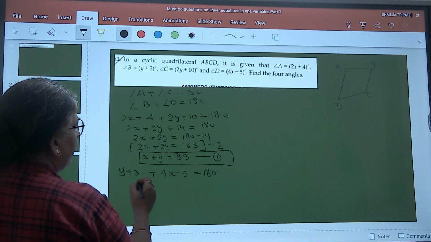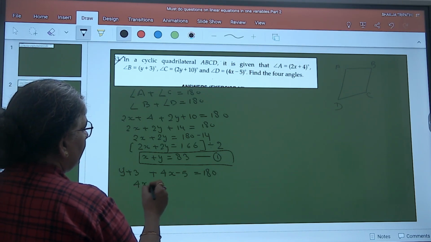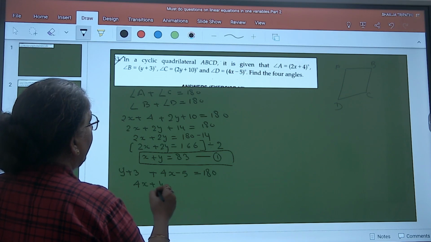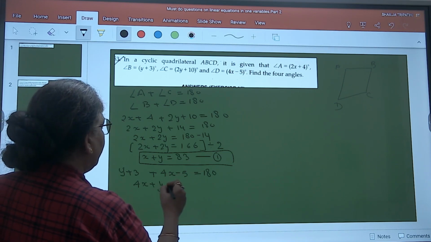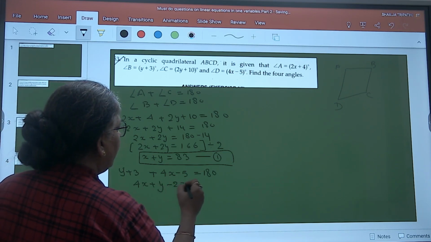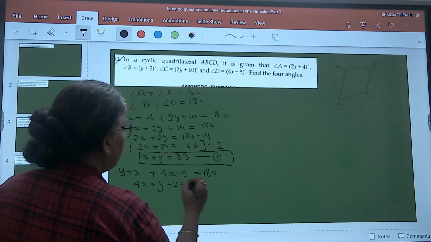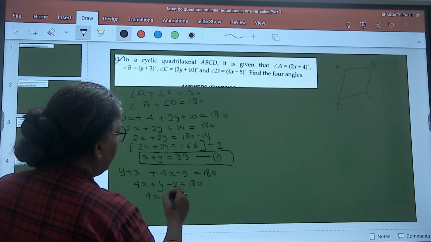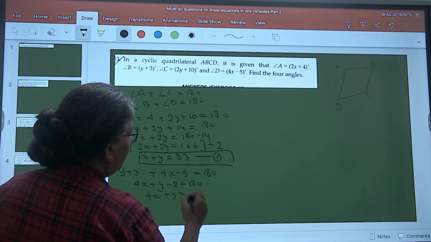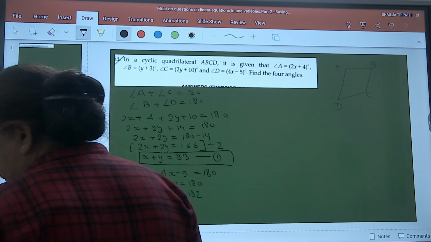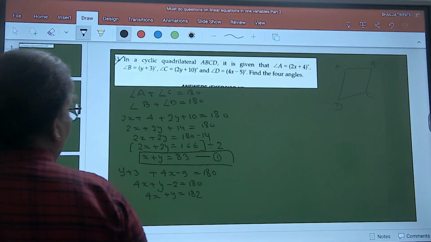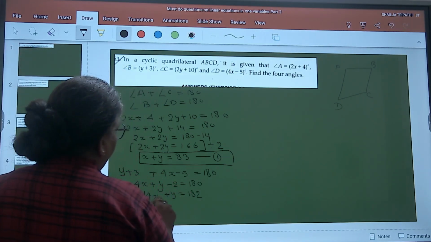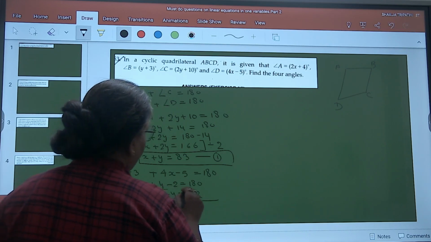Now let's see, we get 4x plus y minus 2 is equal to 180, or 4x plus y is equal to 182. This is our equation number 2.